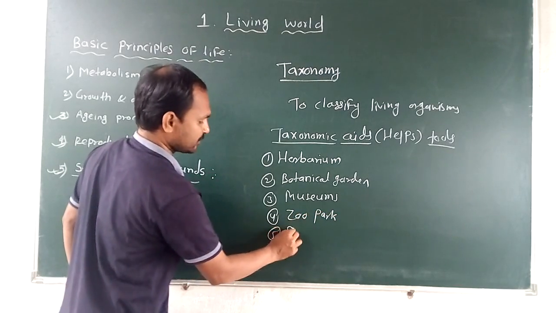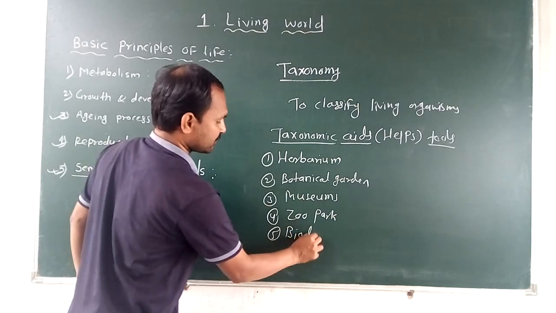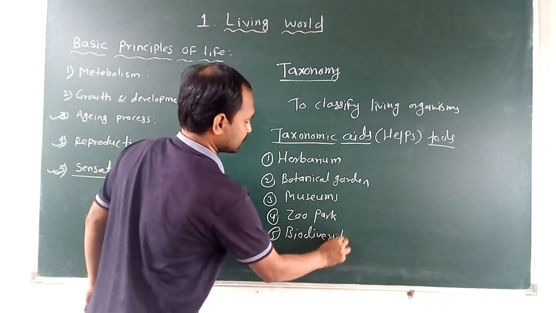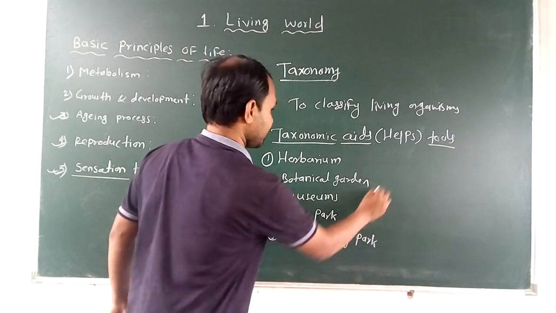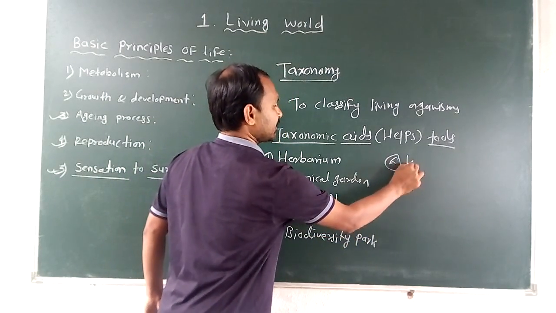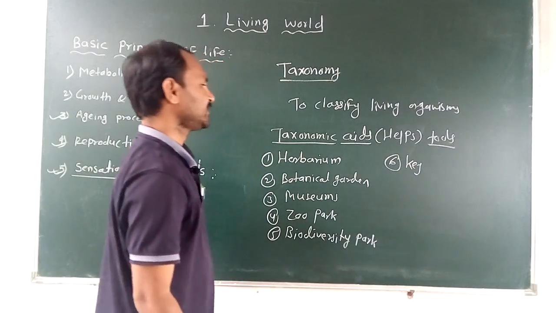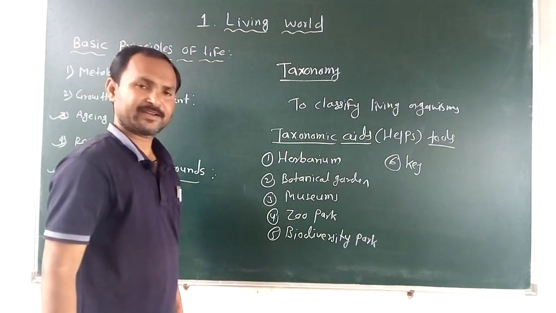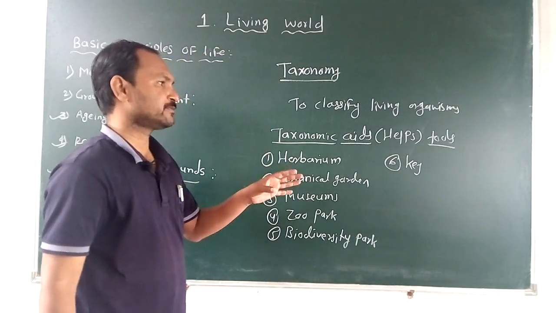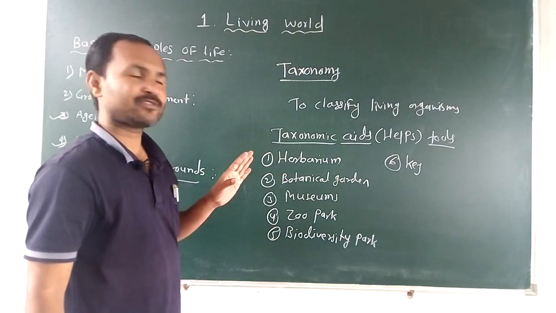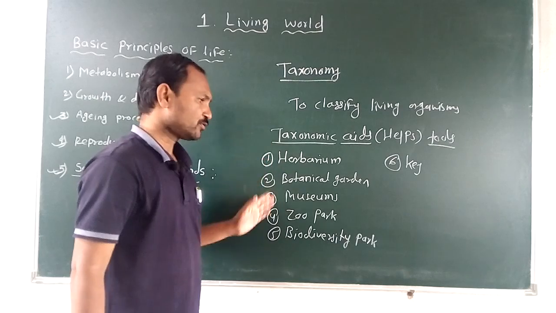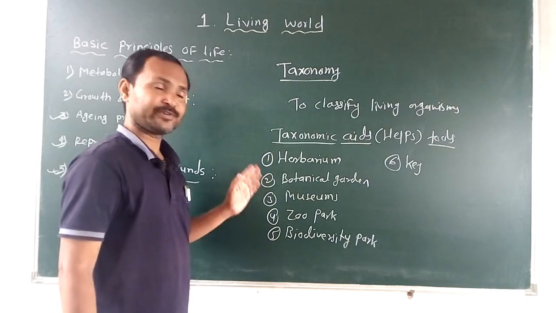Fifth one is the biodiversity park. And finally the sixth one is the key. These are the taxonomic aids, or taxonomic helping tools, to classify living organisms. We can classify any living organism with the help of any of these tools.